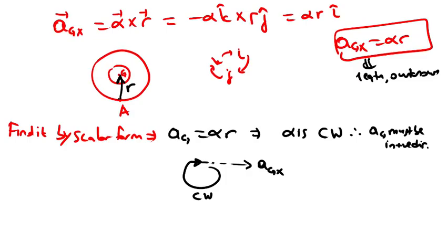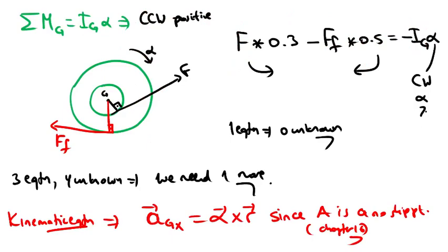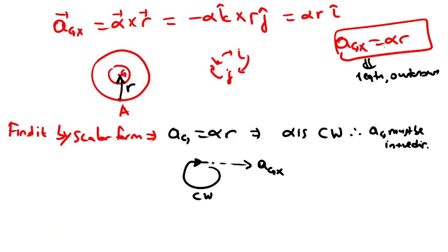So let's start from the last one and then replace it back here, and then solve all the problems. The first thing is r is 0.5. That's given in the question. So a_Gx is alpha by 2.